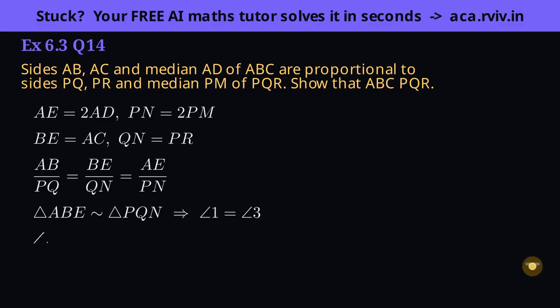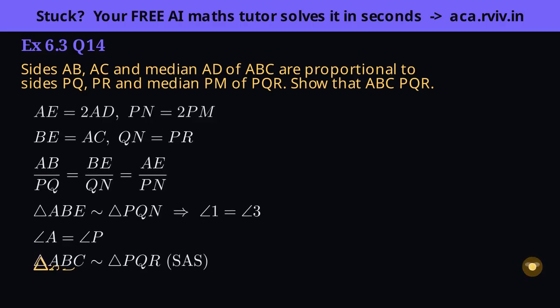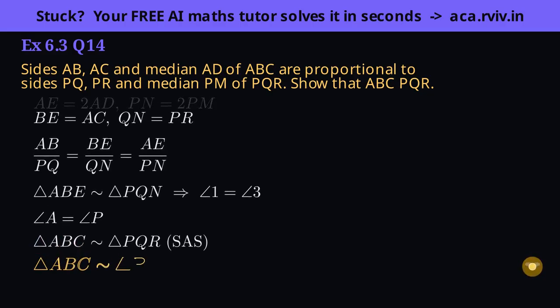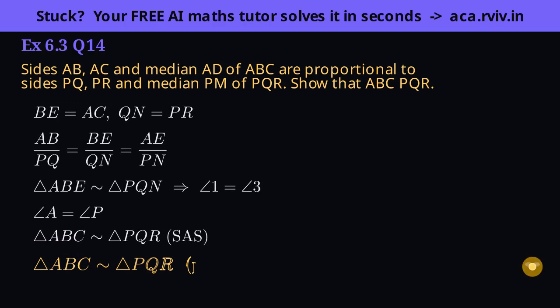A symmetric argument on the other half gives angle 2 equals angle 4, so the full angle A equals angle P. Then AB, AC proportional to PQ, PR with equal included angle A gives SAS. In sight, doubling the median to make a parallelogram converts an awkward median ratio into full-side SSS, then SAS.